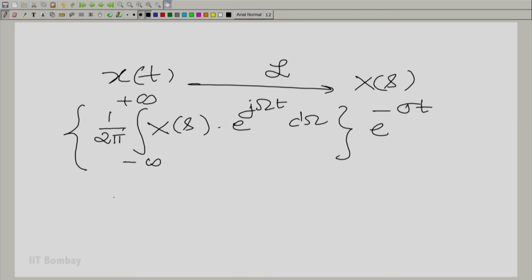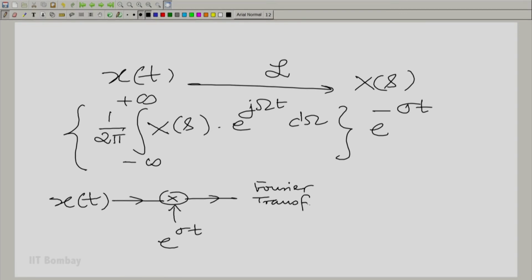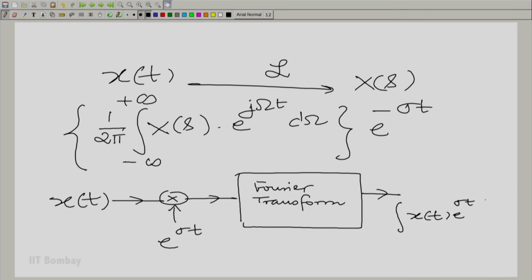Now, there is one little observation that we have to make. What we have called S here, you remember we said we would multiply x t by e raised to the power sigma t and then take a Fourier transform. Let us expand this, e raised to the power sigma t, e raised to the power minus j omega t dt integrated. So, here the S that we have taken, I hope many of you must have noticed that the S which we have taken is actually, you see, you would have taken x t e raised to the power minus s t, is not it?